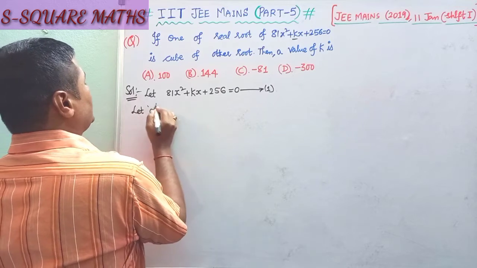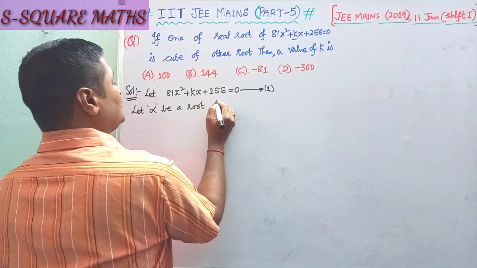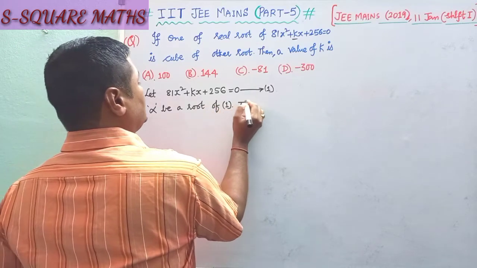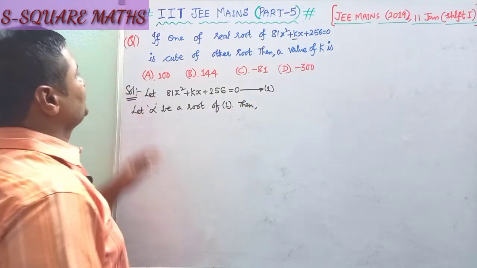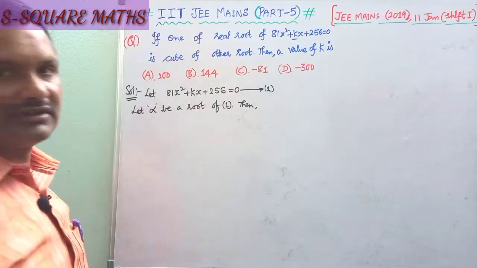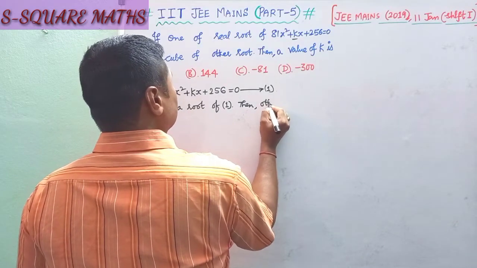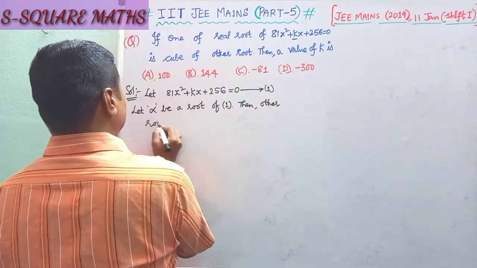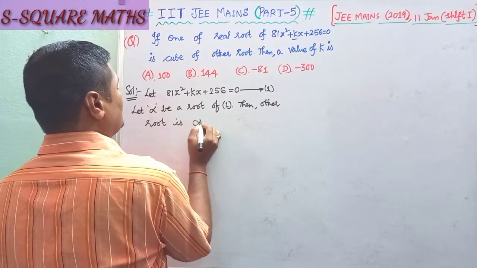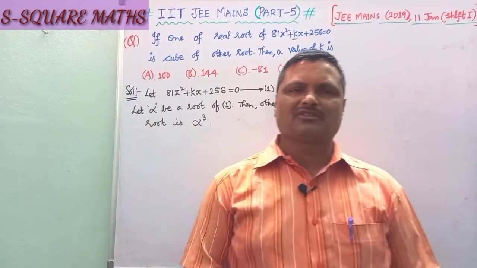Let alpha be a root of 1. Then according to our data, one real root is the cube of the other root, so the other root is alpha cube.